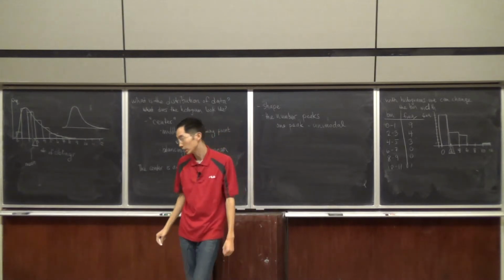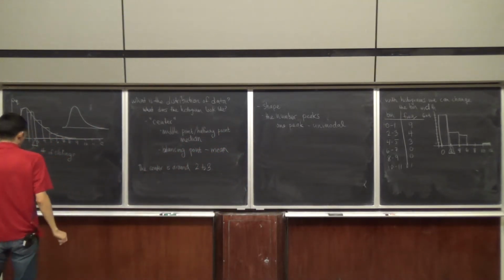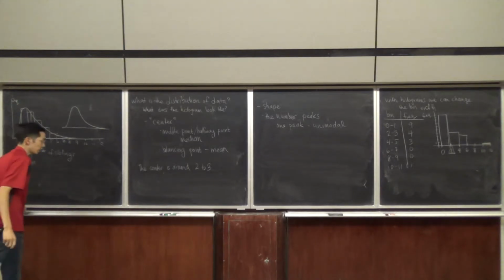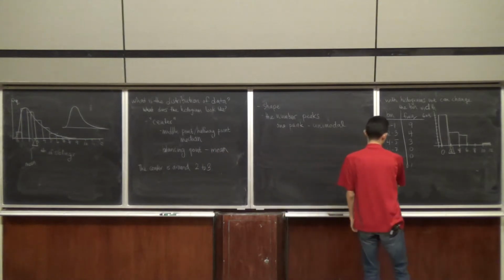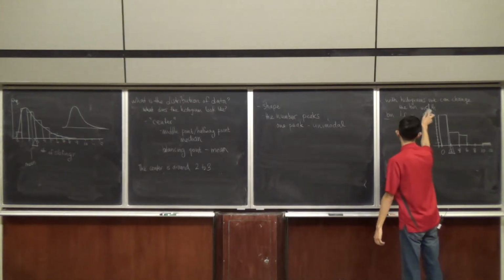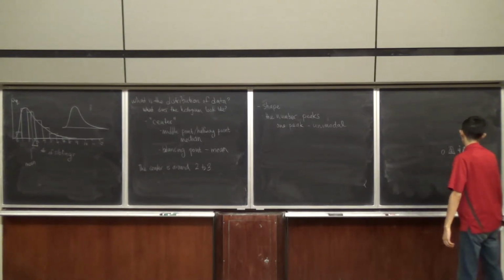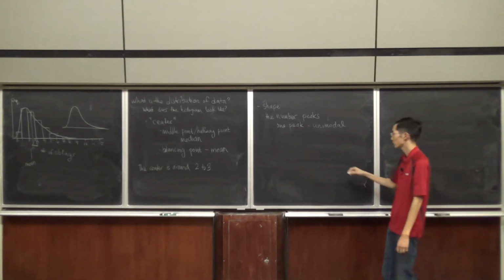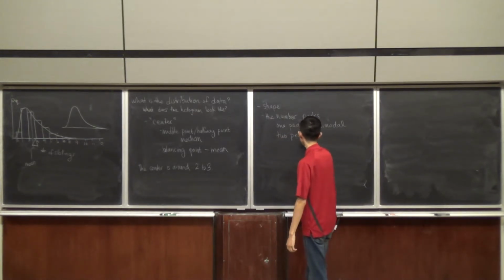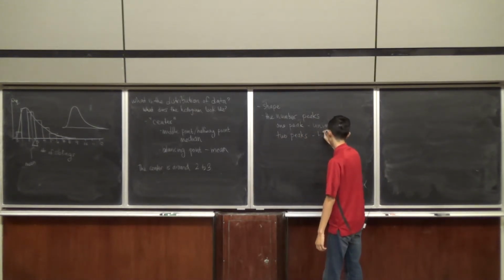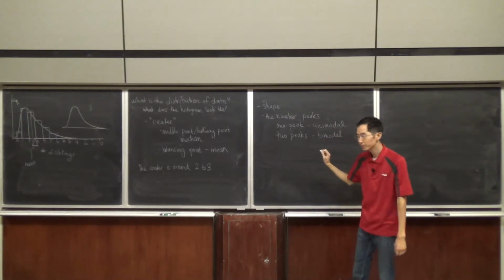Mode being the peak. I could have a distribution with 2 peaks. What do we call that? Bimodal.